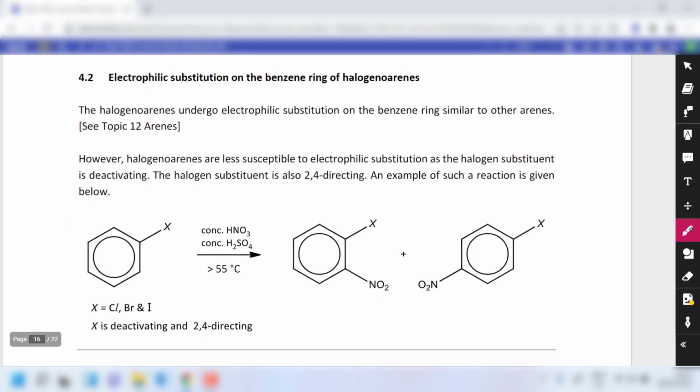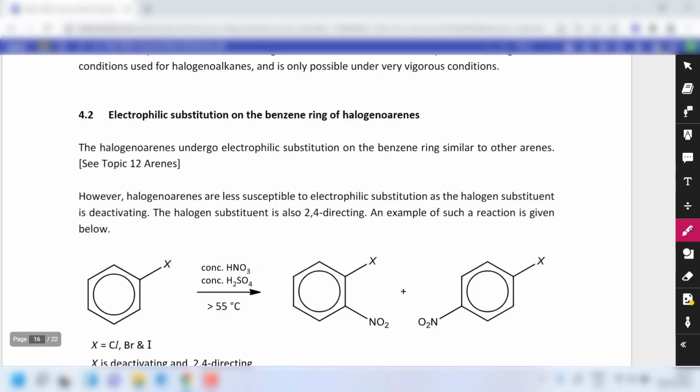What about electrophilic substitution of the benzene ring of halogenoarenes? It will happen, not a problem at all, but do take note that the halogen tends to be electron withdrawing via the sigma bonding framework, because the halogen bonded to the benzene ring is more electronegative than the carbon next to it.